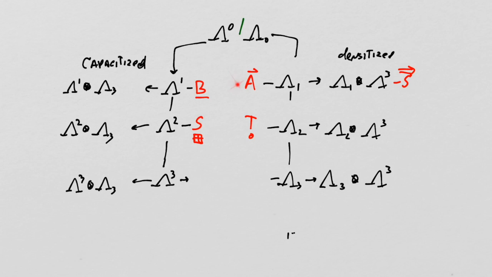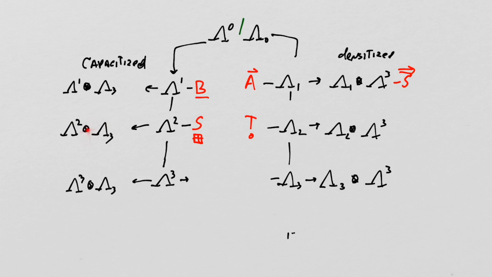Instead of saying arrow and honeycomb, which is, by the way, the easy way of doing it, what we do is we go, honeycomb actually becomes a capacitized two-form, and arrow becomes a capacitized two-form, right?